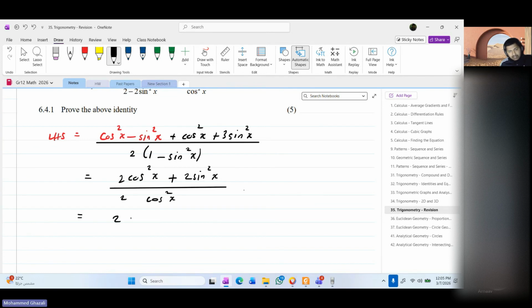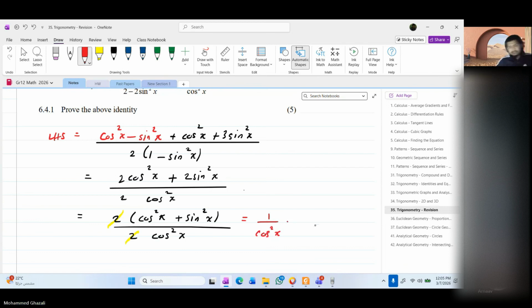Take out 2 as a common factor on top. You're left with cos squared x plus sine squared x divided by 2 cos squared x. You can see the 2's cancel out. Cos squared plus sine squared is 1. You're left with 1 over cos squared x. Okay. Easy.